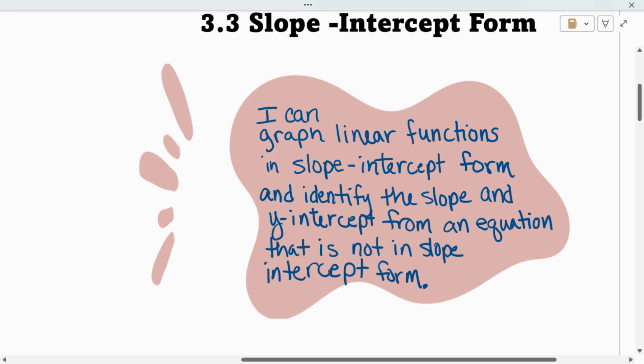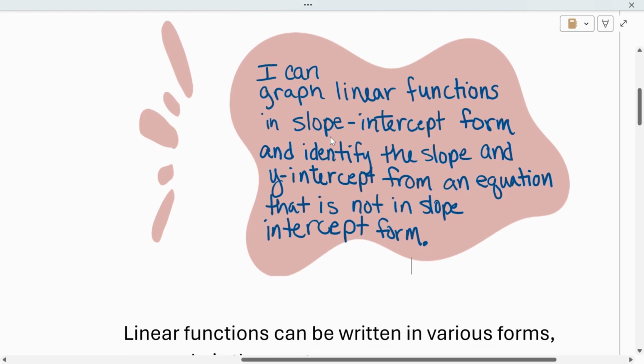That is 3.3. Oh, the whole screen was frozen. I didn't know that, guys. Sorry about that. So I can graph, you guys have it right here on your 3.3, your green sheet. I can graph linear functions in slope-intercept form and identify the slope and y-intercept from an equation that is not in slope-intercept form.